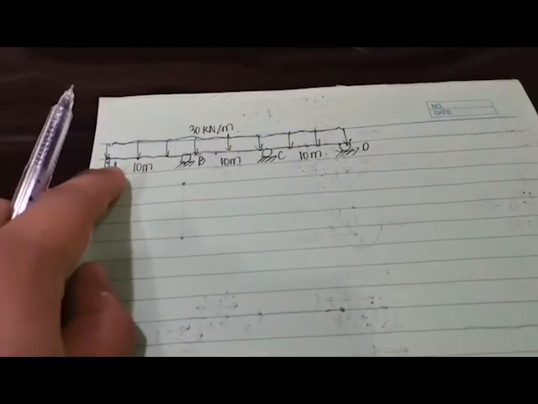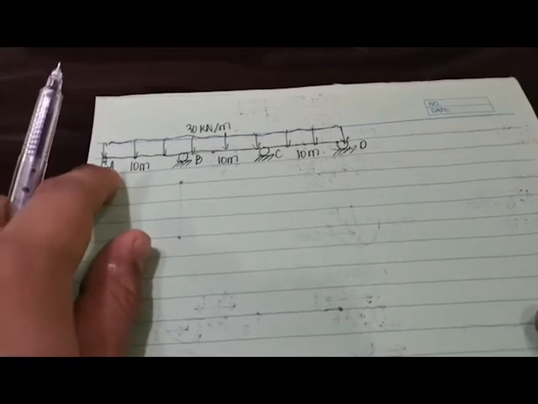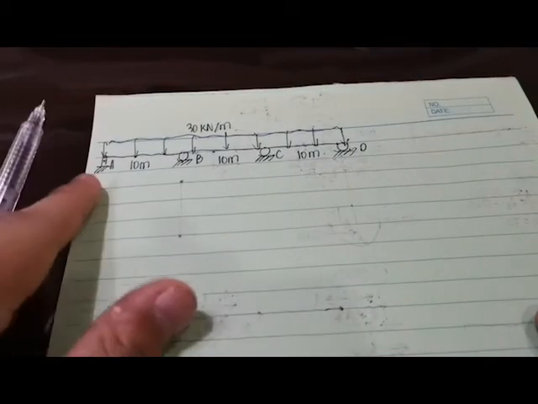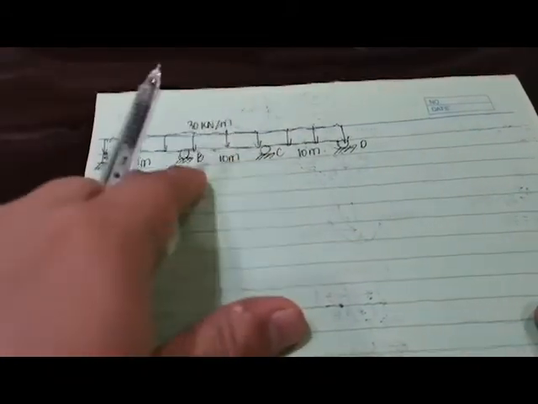So consider this problem. You're given a continuous beam with two simple supports at points A and D, both ends, and then two internal supports at points B and C, subjected to a uniformly distributed load of 30 kilonewton per meter throughout the beam.